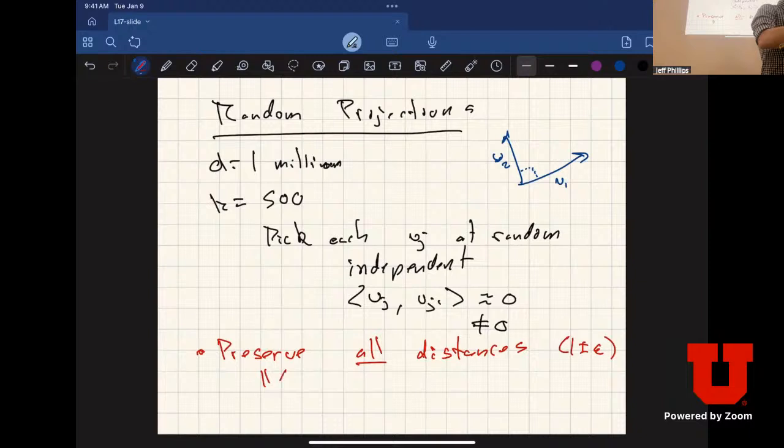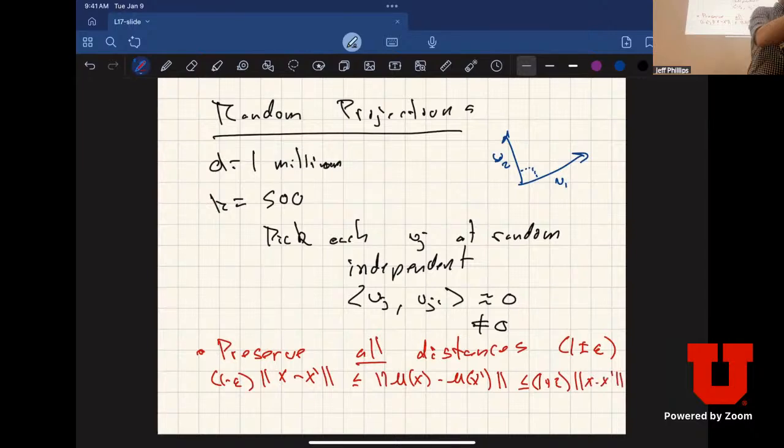So I have that for x and x prime, (1 minus epsilon) times the norm of x minus x prime is less than or equal to the norm of the projection of x minus the projection of x prime, which is less than or equal to (1 plus epsilon) times the norm of x minus x prime.